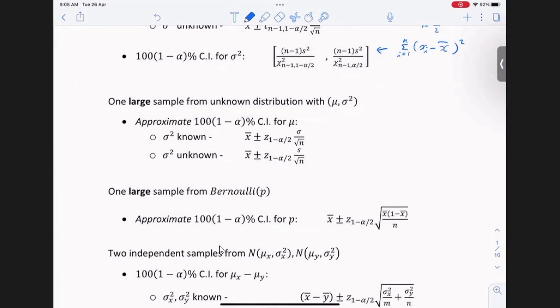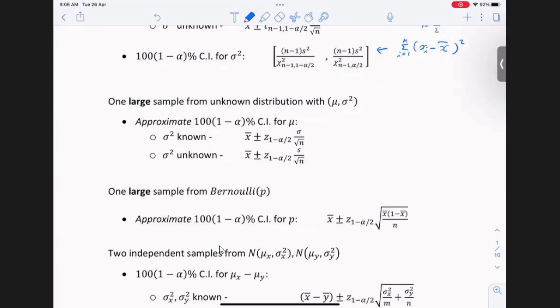When we have a large sample drawn from an unknown distribution with unknown population mean and population variance sigma square, then we can approximately calculate a confidence interval for the population mean. If the population variance is known, then we can use the same formula as before by using the normal approximation. And if the population variance is unknown, then we replace sigma by the sample standard deviation S.